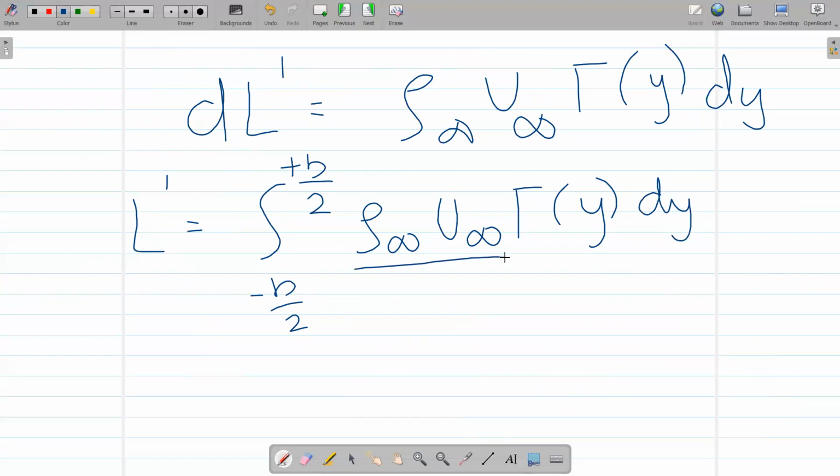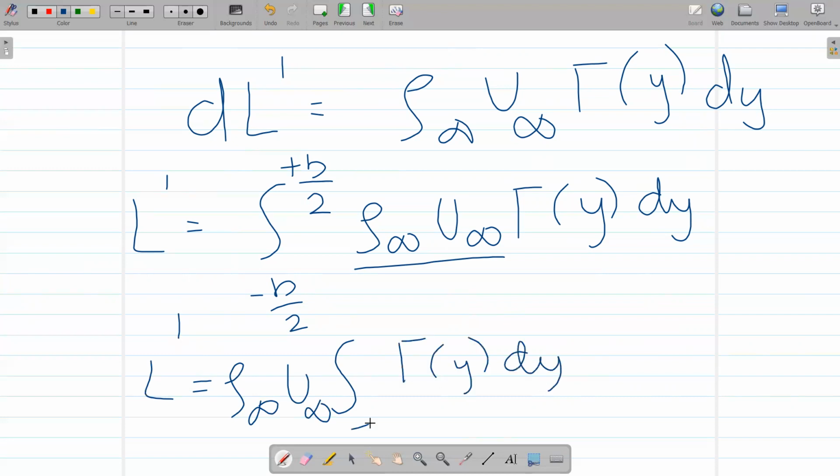Rho infinity and u infinity are constants, so I'm left with rho infinity u infinity times the integral of gamma of y dy, with limits minus b by 2 to plus b by 2. Now we know that gamma is not a continuous function, it's a function which varies throughout the length. From minus b by 2 to 0 it has one functional form, and from 0 to b by 2 it has another functional form. So let me split the integral accordingly.